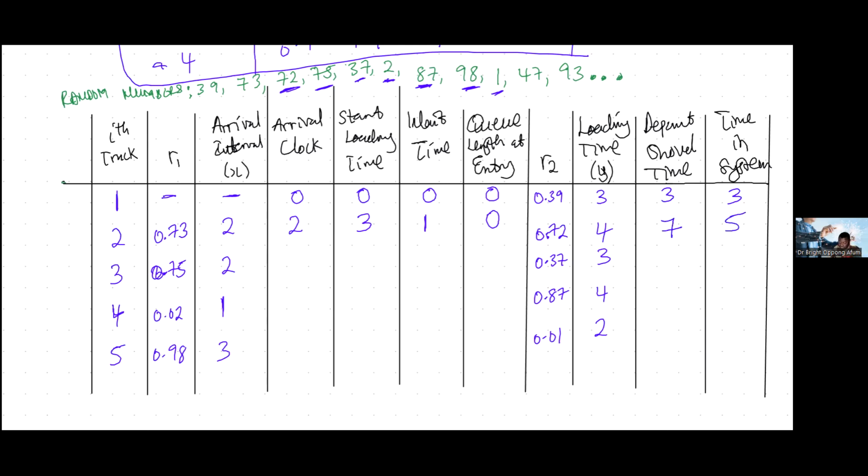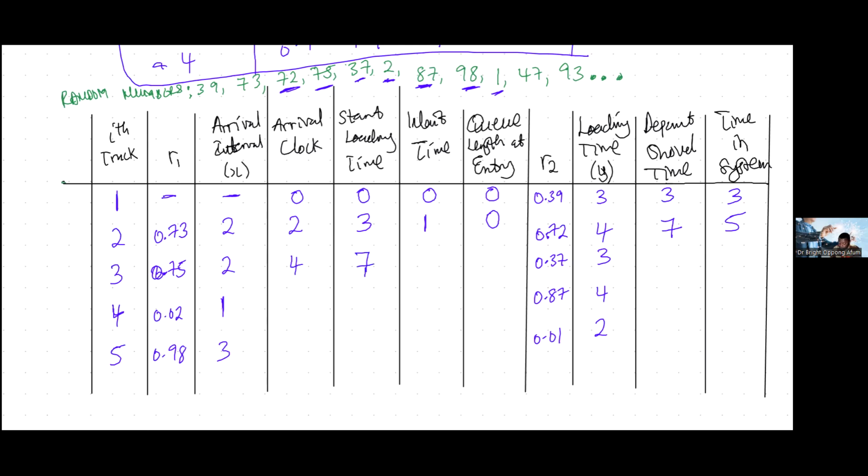Let's look at the third track. The third track arrived 2 minutes after the second track. So that means that the clock will be 4 by then, right? When can we load the third track? We can load the third track when the second track is gone, and the second track will be gone in the 7th minute. So we can start loading in the 7th minute.